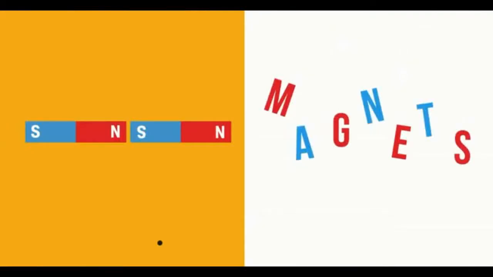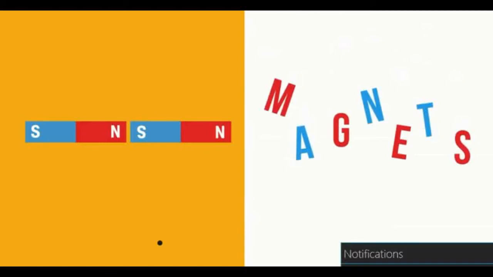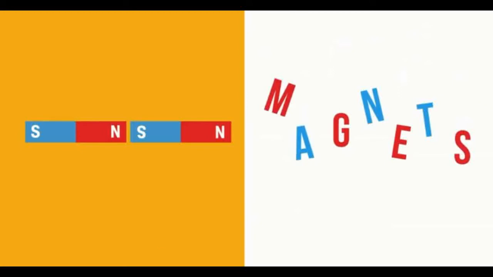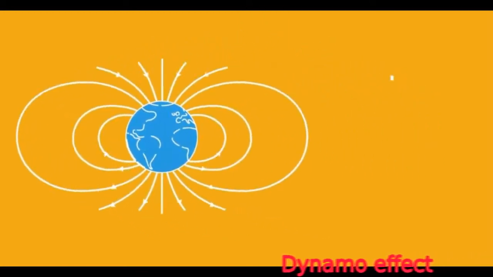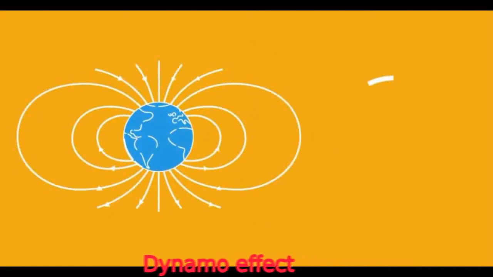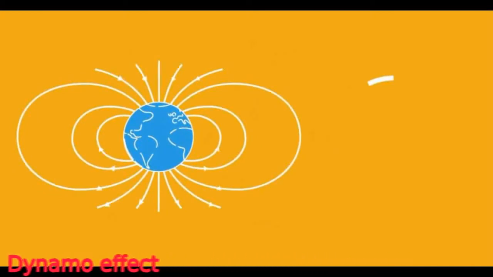The reason is due to the magnetic property of Earth. So why is this magnet aligning in the north-south direction? It is due to the magnetism of Earth.